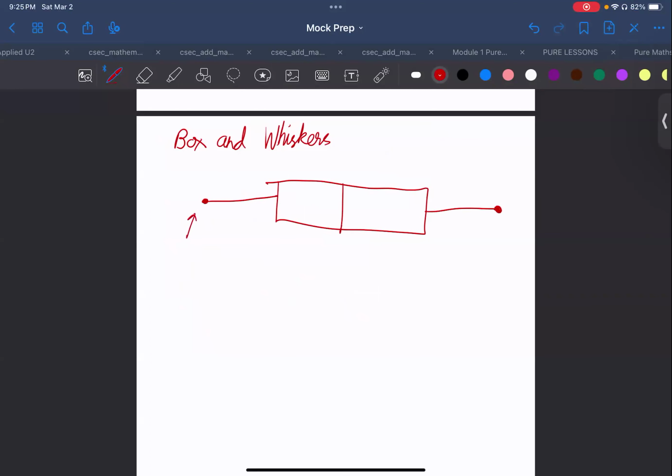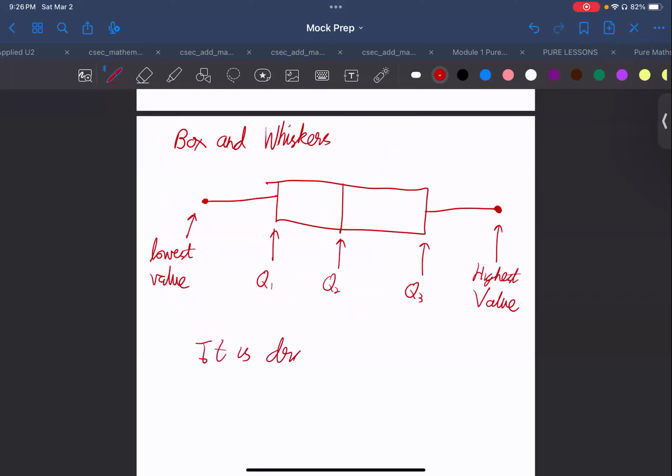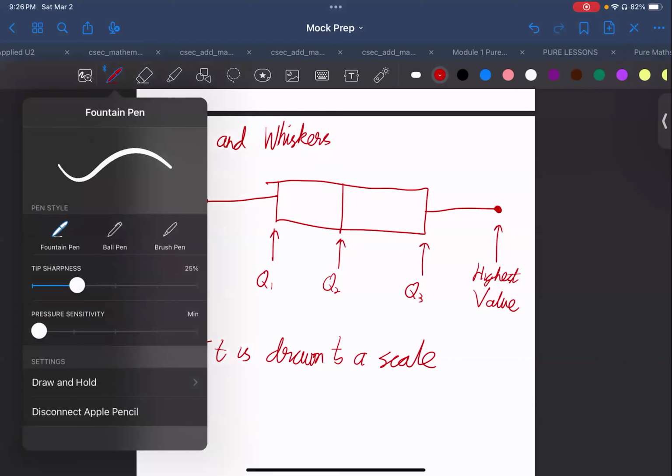So this would be your lowest value. This would be Q1, this would be Q2, this would be Q3, this would be your highest value, and it is drawn to a scale. So you must have some kind of scale there.